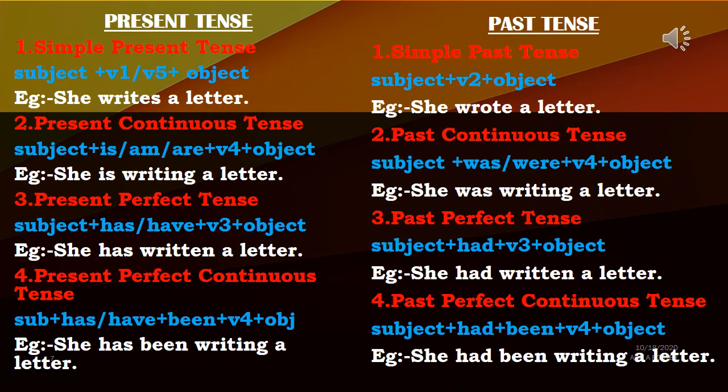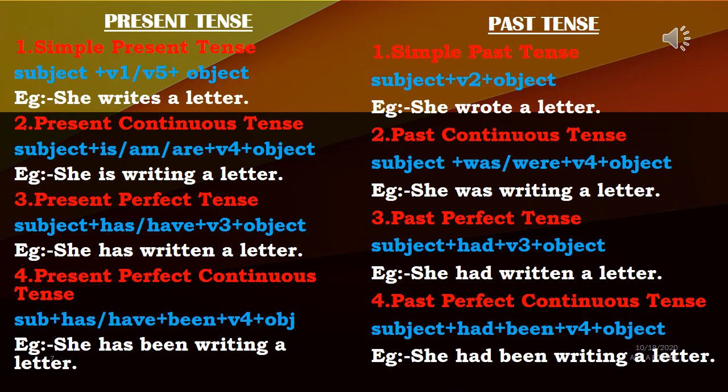Second one, present continuous tense. Structure: subject plus is or am or are plus V4 plus object. I think you will be familiar with V4. It means the present participle form of the verb or the ing form of the verb. See the example. She is writing a letter.